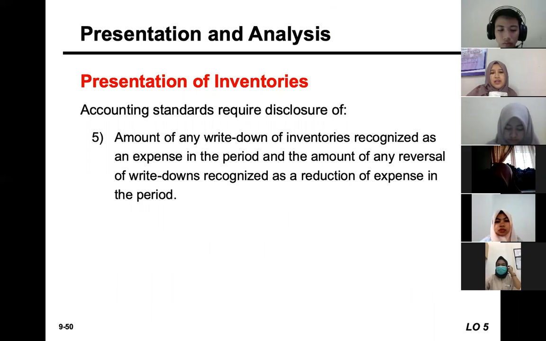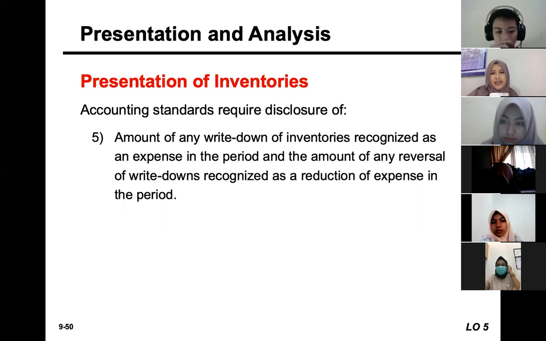Or because of the economic condition, let's say the pandemic, the demand for certain products is very low. Let's say for textiles, people are not buying the textiles during the pandemic, right? So the company may decide to write down the inventories for the textile product.